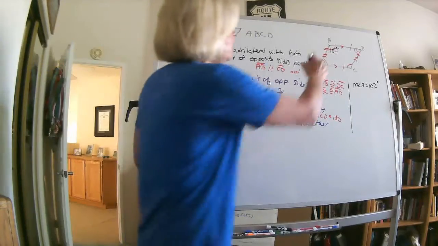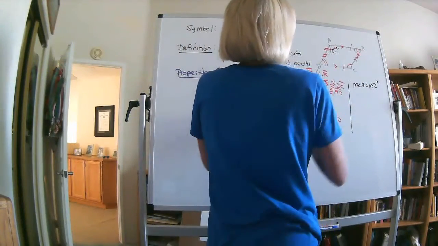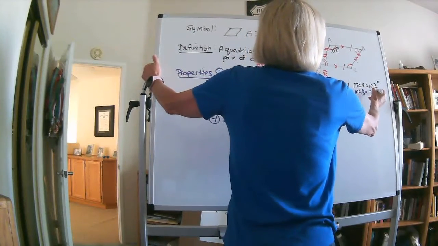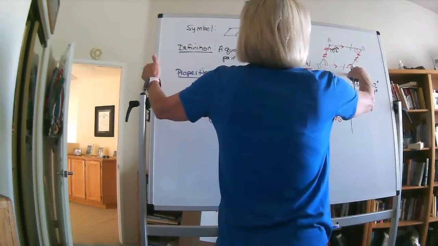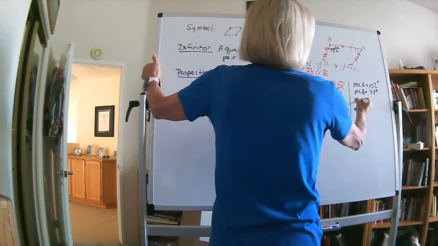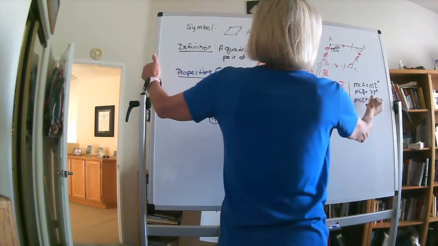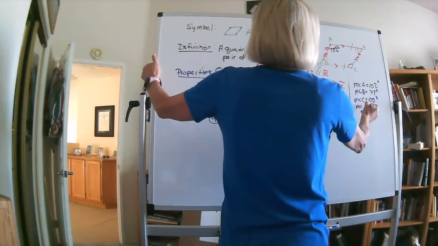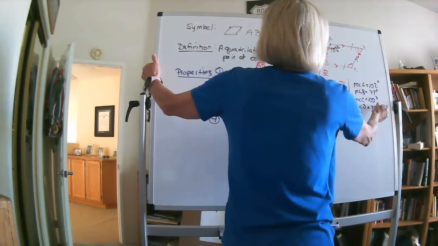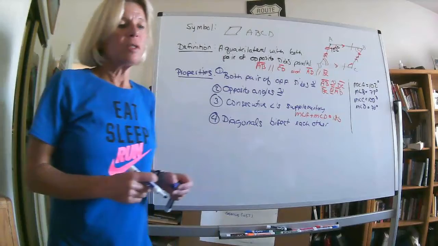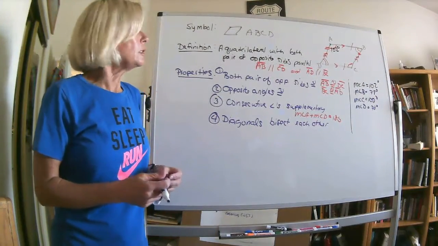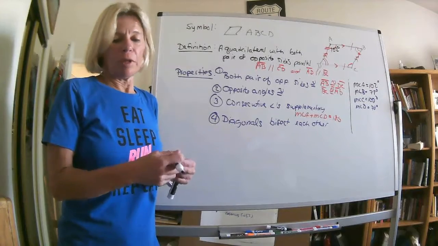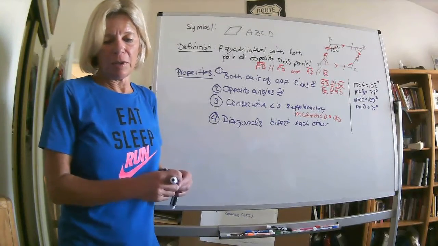So I know angle A and angle B are supplementary, so the measure of angle B equals 78. Opposite angles are congruent. The measure of angle C equals 102 degrees. And the measure of angle D equals 78 degrees. And if I added those up, they would add up to 360 because the total sum of the angles in any quadrilateral is 360 degrees.